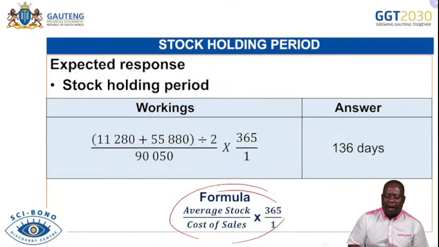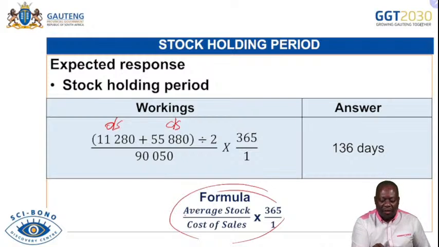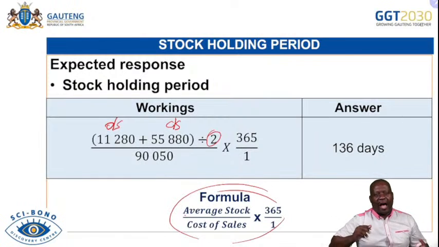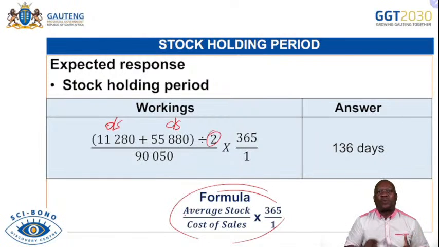Now, how do we go about calculating average stock? Opening stock, remember it was given, plus closing stock, we calculated it. We add the two and we divide this by 2 to find the average. So average stock is opening stock plus closing stock added together and divided by 2.